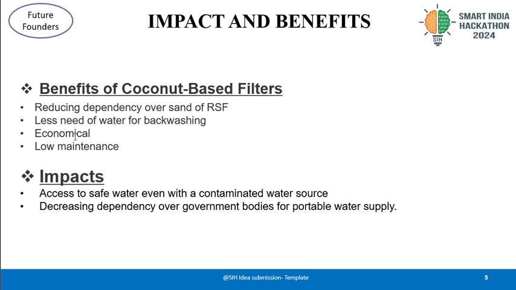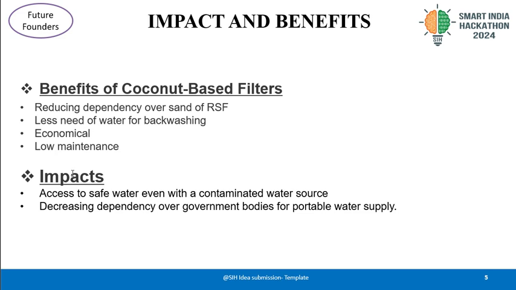The third one is that they are economical. The coconut based filters are actually economical because mostly they are used at the small scale, and economical filtering can be done with the help of these filters. Then low maintenance.